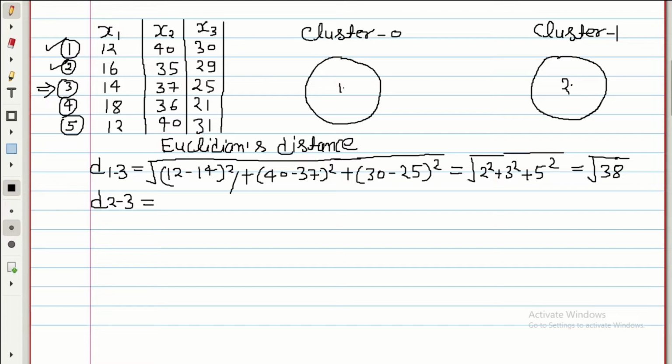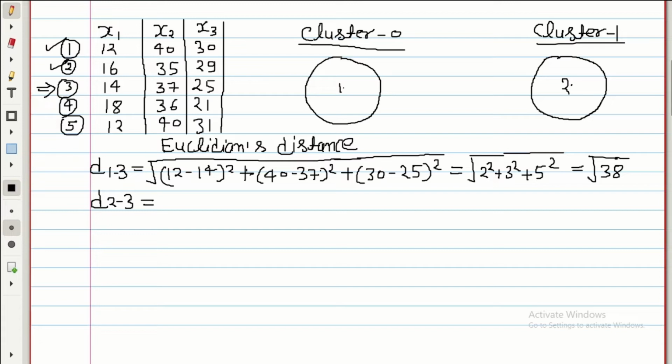If instance number 3 is closer to centroid 1, it will go in cluster 0. If it is closer to centroid 2, it will go in cluster 1. I have named them cluster number 0 and cluster number 1.